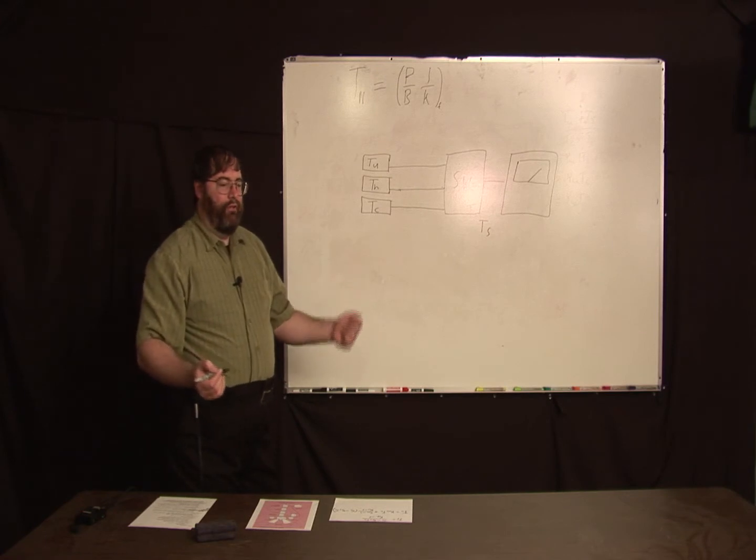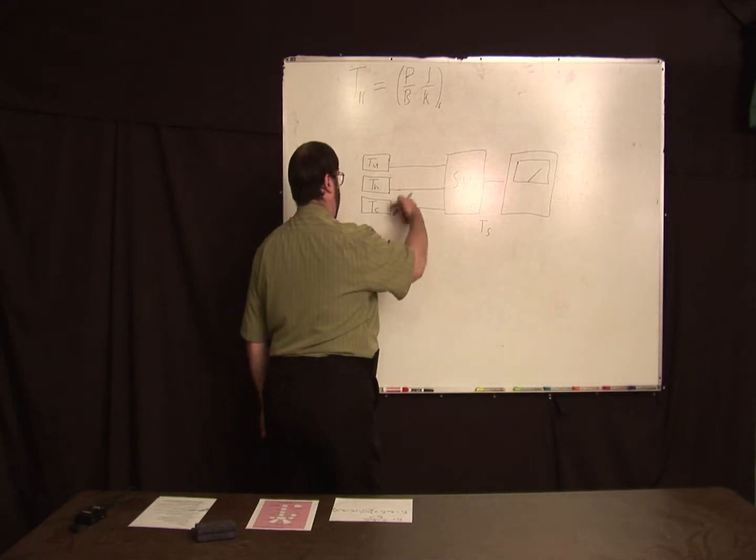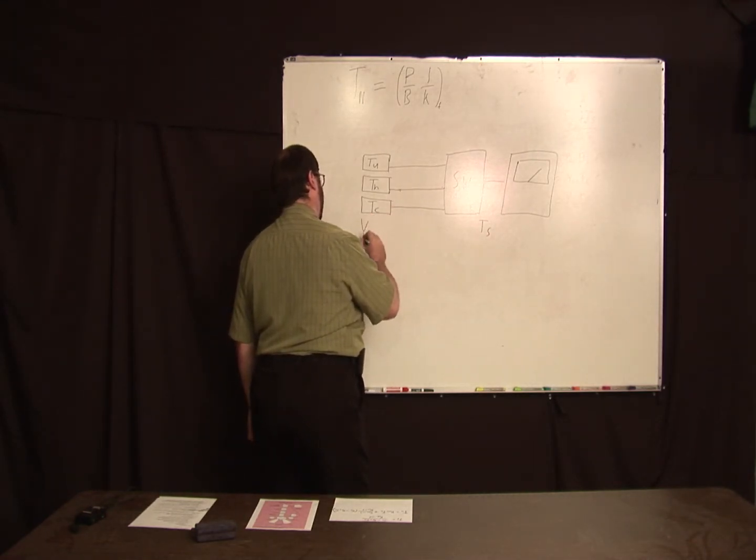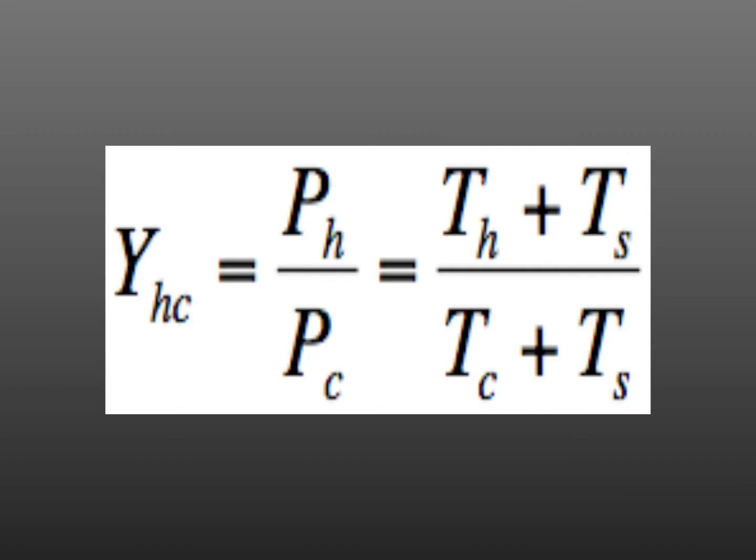The Y-factor method for measuring noise is you switch between the hot and cold first. The ratio of the powers, the ratio of power hot to power cold measured, equals the hot noise temperature plus the system noise temperature over the cold temperature plus the system noise temperature.